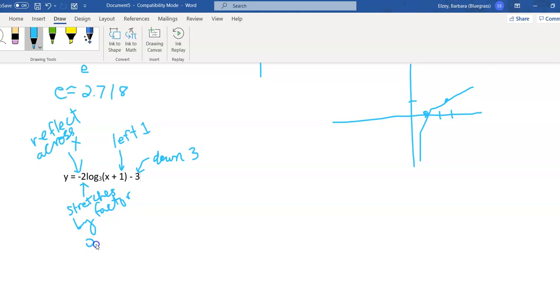Now remember, if that was a fraction, such as a half, it would have been compressing by a factor of whatever the fraction was.